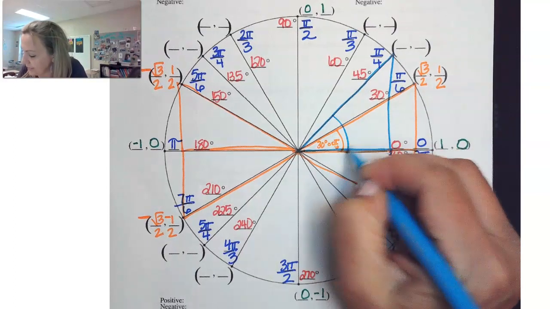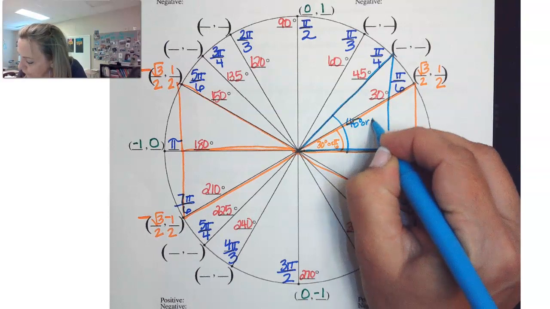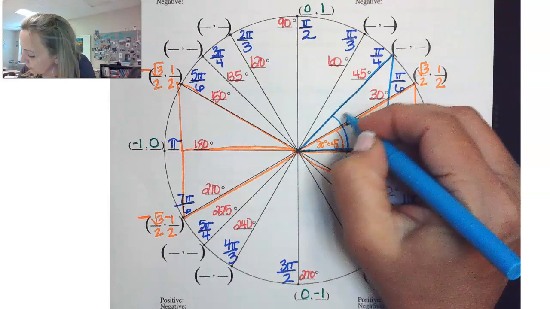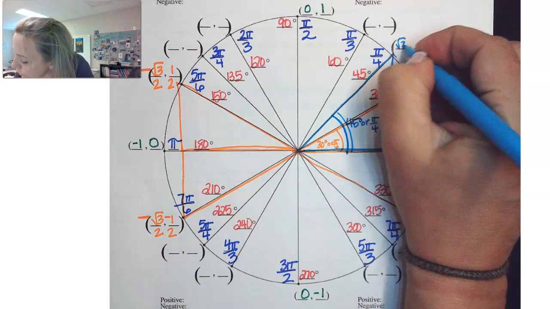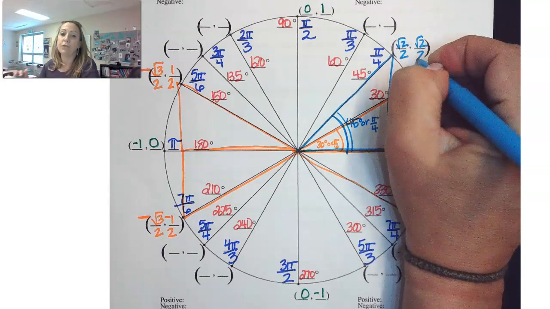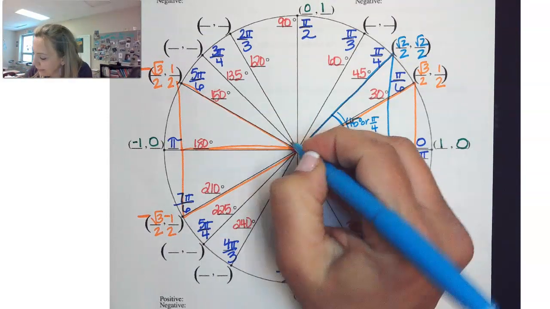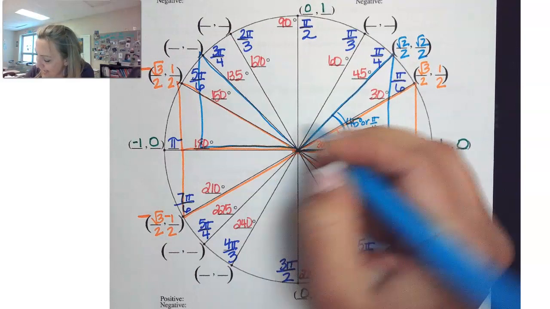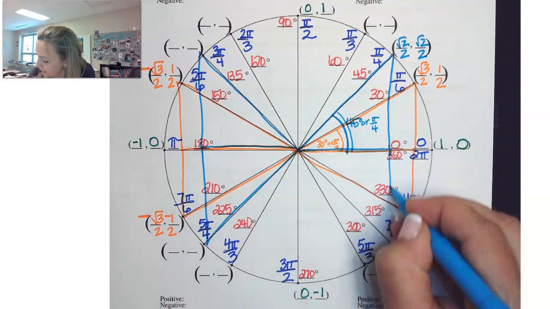This angle here is 45 degrees, or π/4. And when we have this 45-degree angle, this large one right here, we have points at √2/2 and √2/2. Once again, you could think about placing that triangle in any of these quadrants, okay?